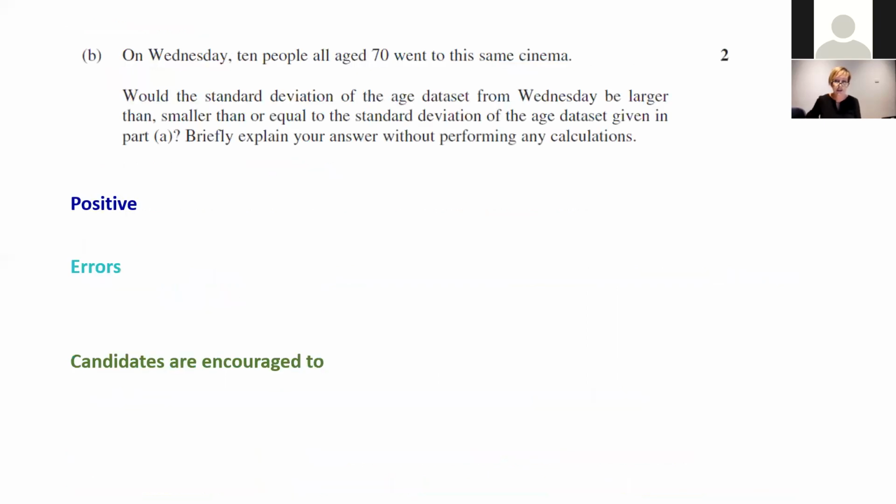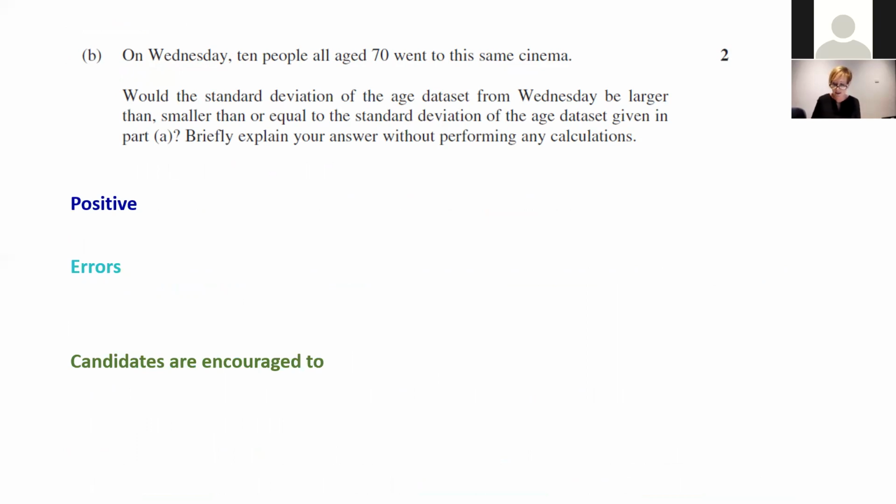The second part of this question was proposing a different data set to compare to the data set on Saturday, saying that all 10 people that attended were 70. And then the students were asked about the standard deviation, whether it would be larger or smaller.